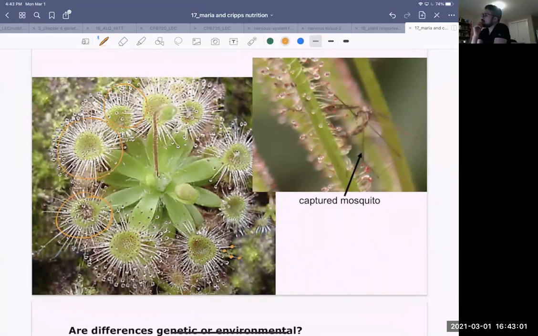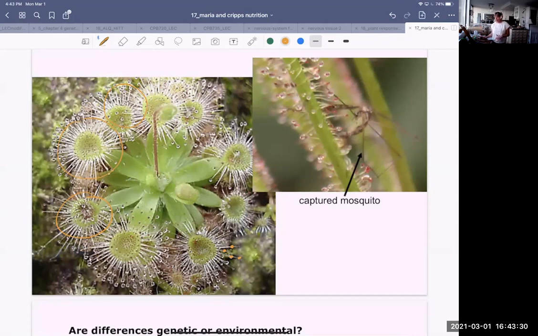And is the whole body of the organism digested, or does the plant just suck in the nutrients that it needs, and just get rid of the rest of the body? Yeah, it just gets rid of the rest. It just dries up. Basically, they dry up and just waft away on the wind.